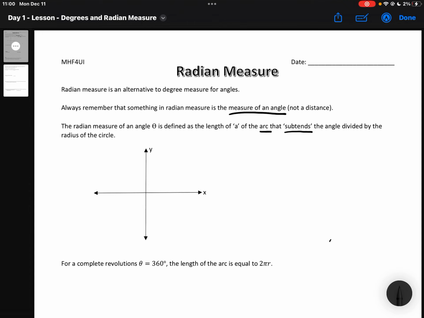Now what that looks like is if we have a distance here, that is r, our radius. We have a second distance here. This is also r because it's part of our circle. The 1 radian is when this arc length here is equal to the radius.